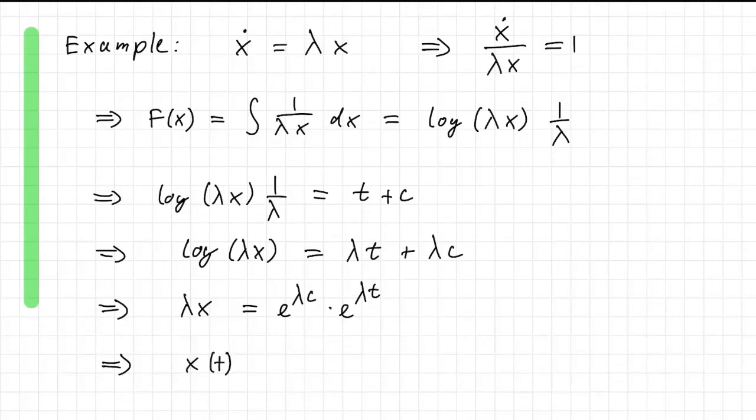So x of t, you see now I restored the notation as a function of t, equals 1 over lambda e to the lambda c times e to the lambda t. Now, I told you before, and we saw in the previous example also, that the constant c is determined by the initial conditions.